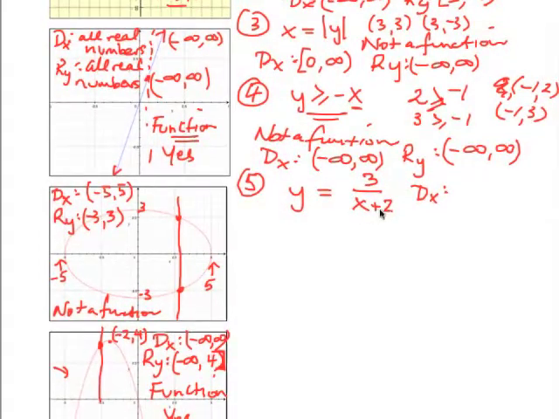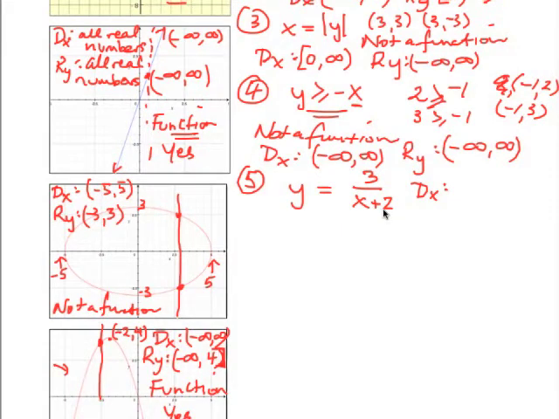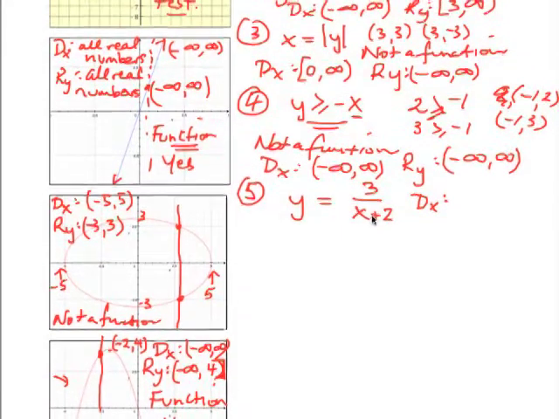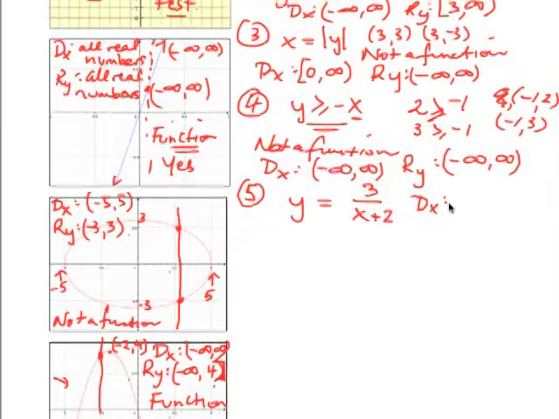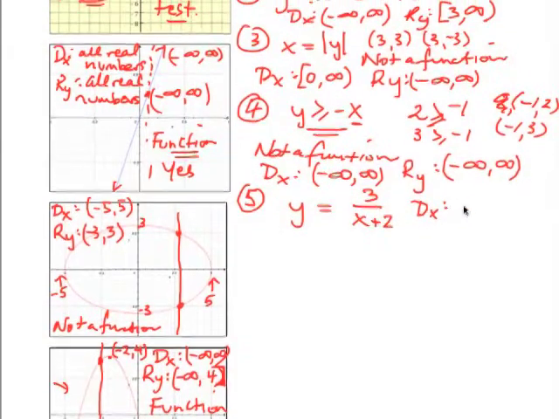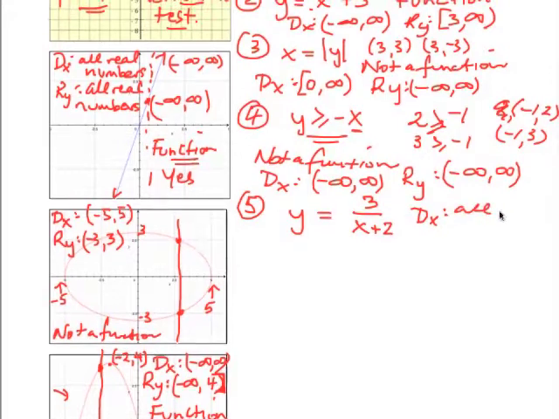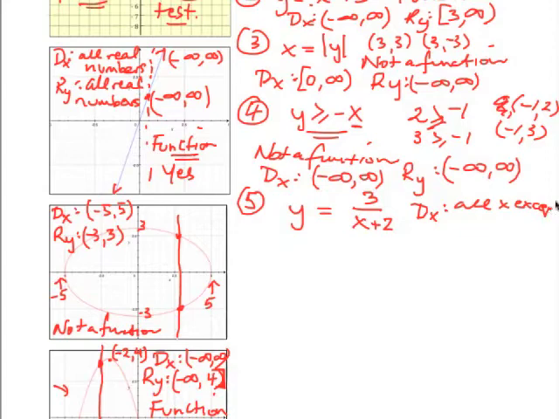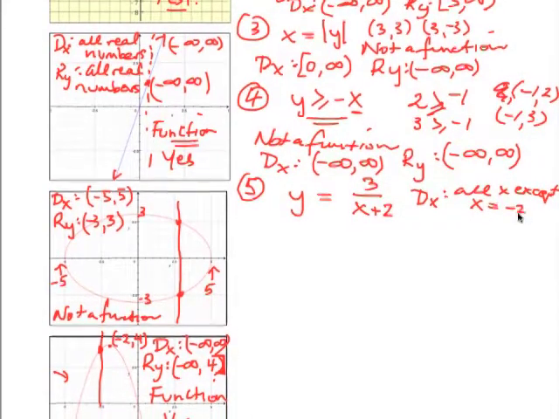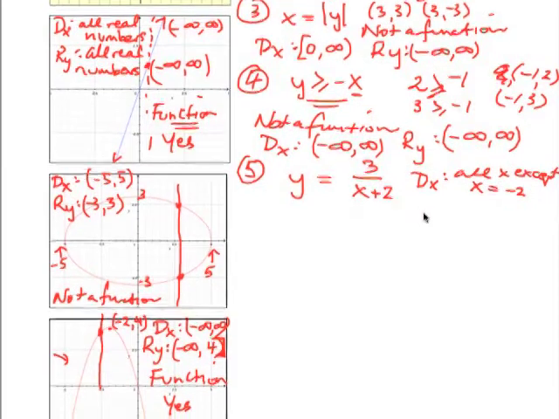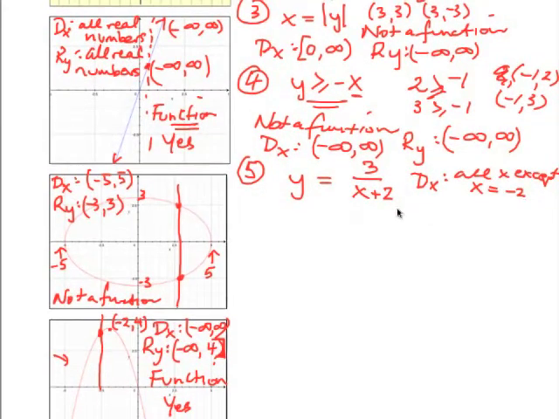Notice that if x is -2, I would have 3 divided by 0, and we can't have that. So consequently, I can't have -2, so it's all x except x equals -2. So how do I write that in the interval notation?